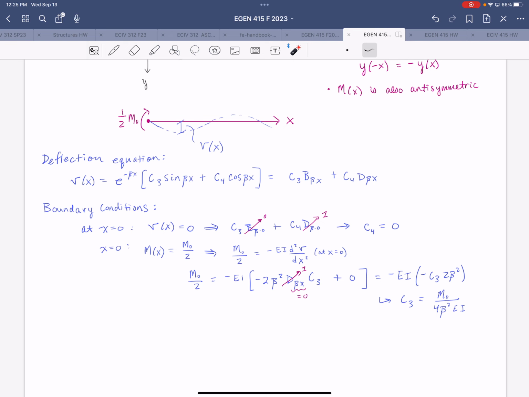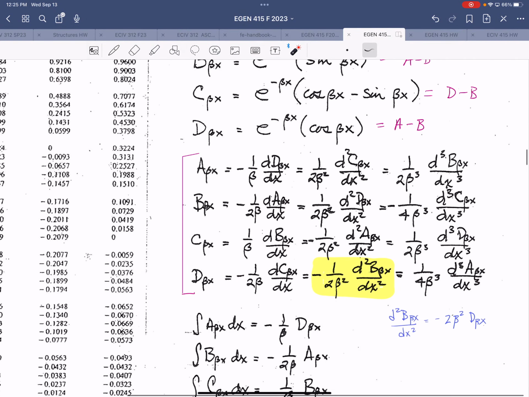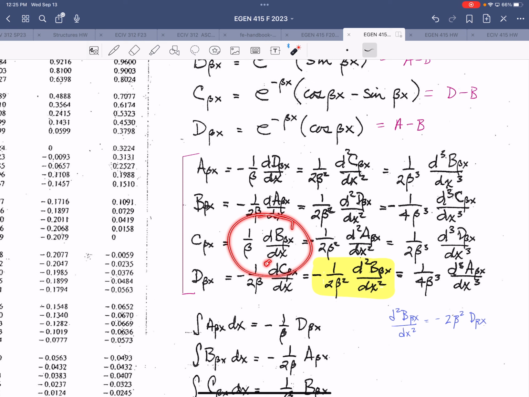All right, so I can jump back to that other page here. If you look down the derivative tables, let's say we were taking the first derivative of the deflection equation, that would relate us to C from B. And then the third derivative of B would relate us to A. It's all cyclical.